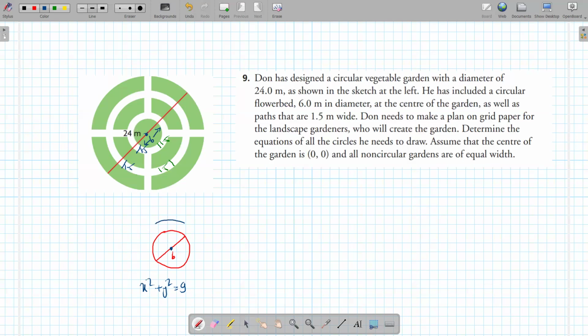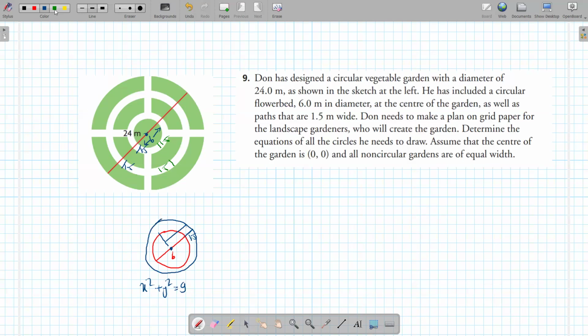Let's focus on this circle now. So this is 6, and we're told that this is 1.5. So what's the radius of this circle from here to here? So that's 7.5.